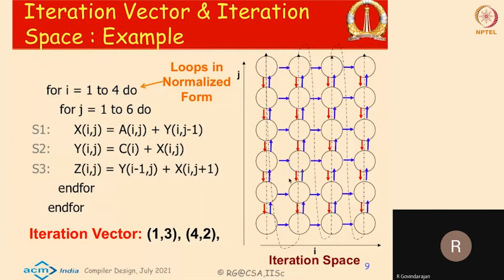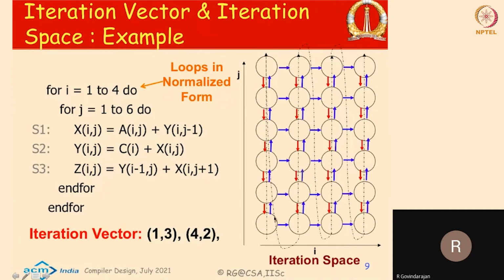So you can see that these horizontal blue arrows correspond to a 1-0 dependence. For example, there is a y i j value that is being written by the statement S2, which is going to be used by S3 one i iteration later. So that is basically this blue arrow.